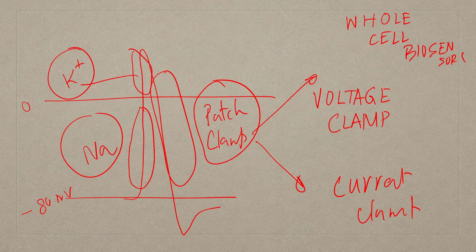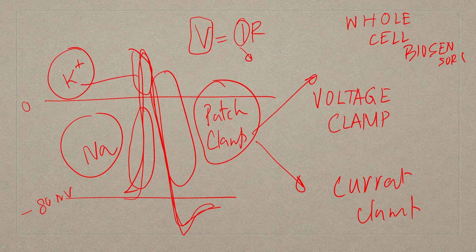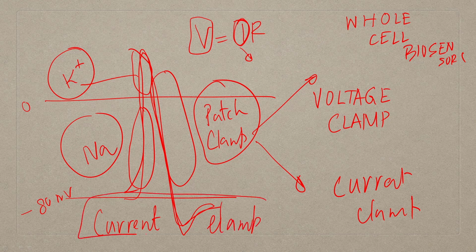When you talk about a clamp, clamp means you are holding somebody. If you hold the voltage, then you can read the current, because we all know Ohm's law, V is equal to IR. So, you fix the voltage, you know the current, or you fix the current, you can read the voltage, right. So, when you are seeing the change in the voltage out here, that means you are fixing the current. That means what you are seeing so far is current clamp. You are fixing the current and you are seeing the change in the voltage.